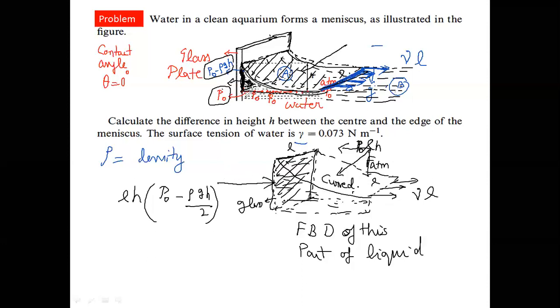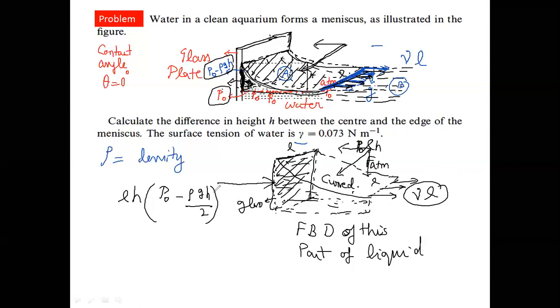One horizontal force will be from the wall of the aquarium. The second horizontal force will be the component of atmospheric force towards the left side. And the third horizontal force on this part of liquid is this pulling force by surface tension, which is gamma into L.